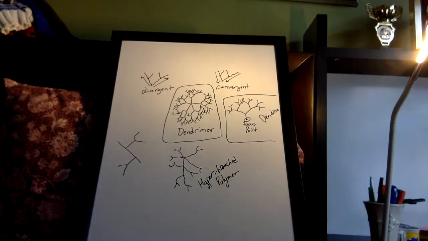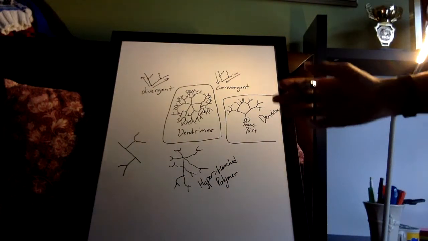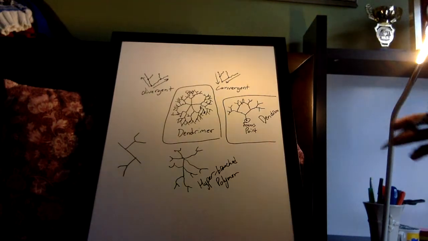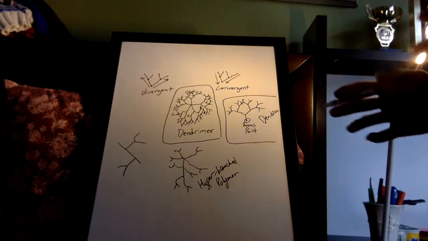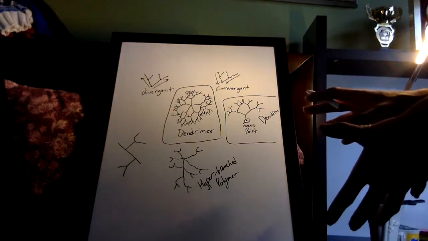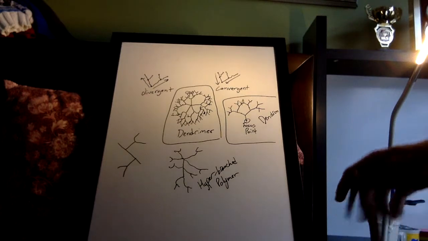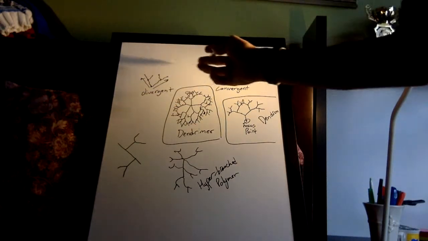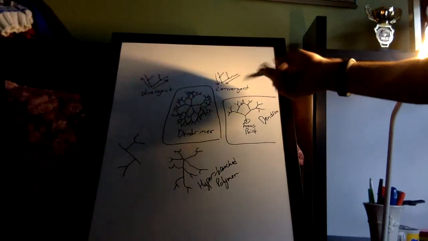Alright, so how easy is it to obtain these dendrites and dendrimers and any kind of dendritic macromolecules? So this is just kind of the basis of how the dendritic macromolecules are formed. So they can either be formed divergently from the inside out or convergently from the outside in.